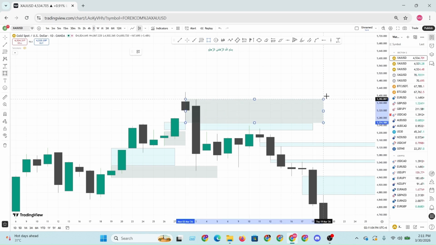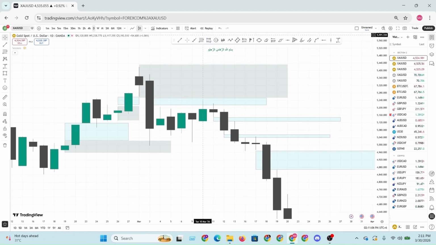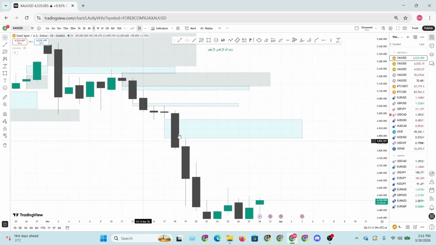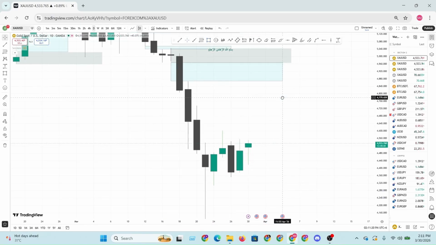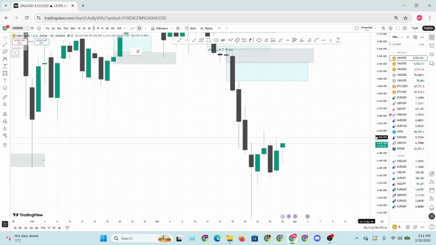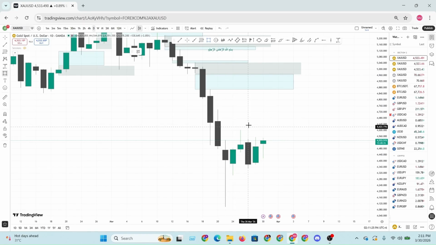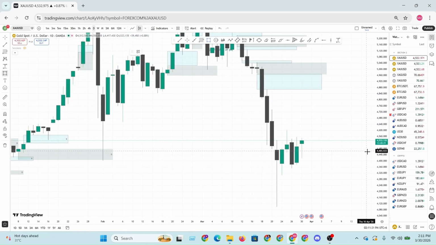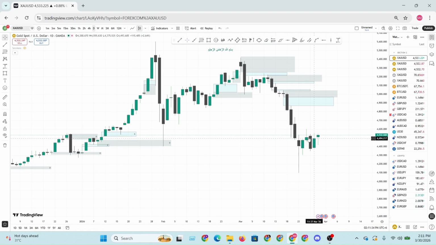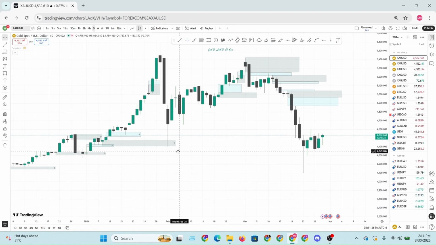So this is the order block, this is again the order block, and this is the order block. There is no averages at this level, current area.